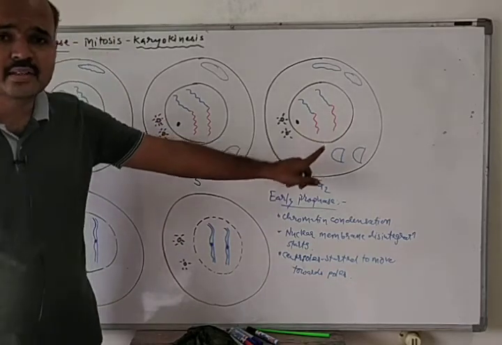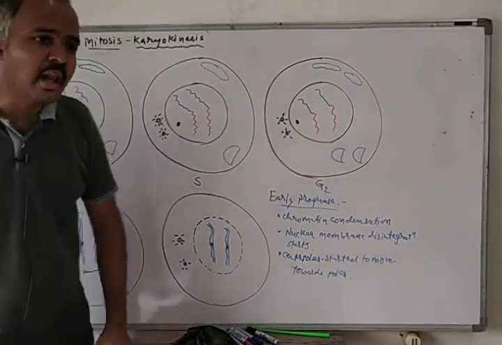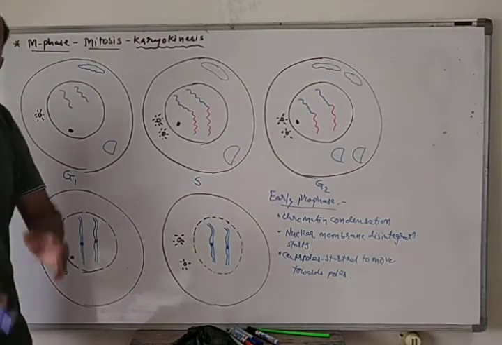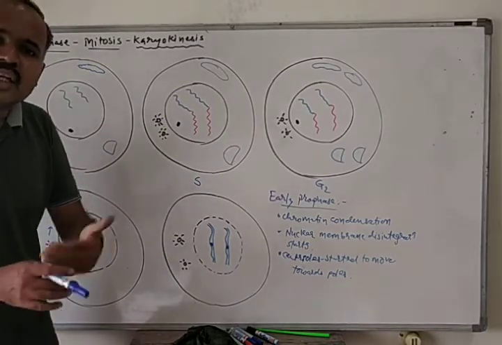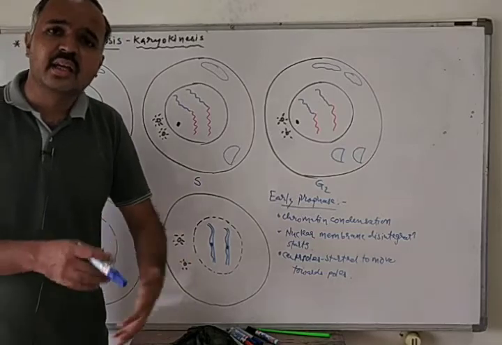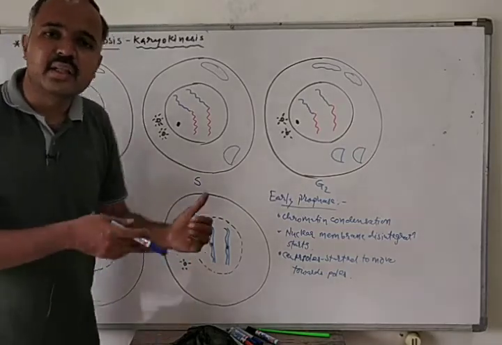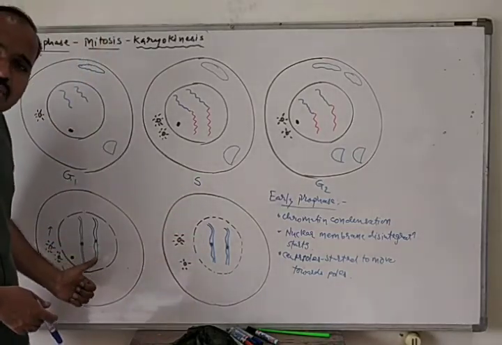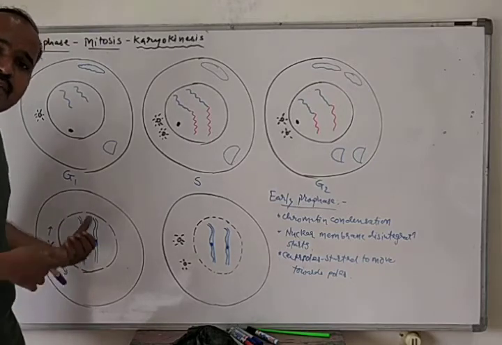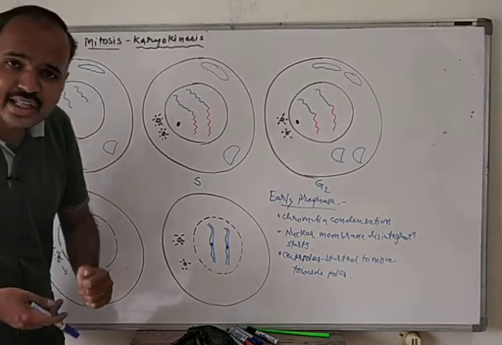In the G2 phase, chromosomes were not visible, but in the early prophase, thin thread-like chromosomes are becoming visible because of the chromatin condensation.